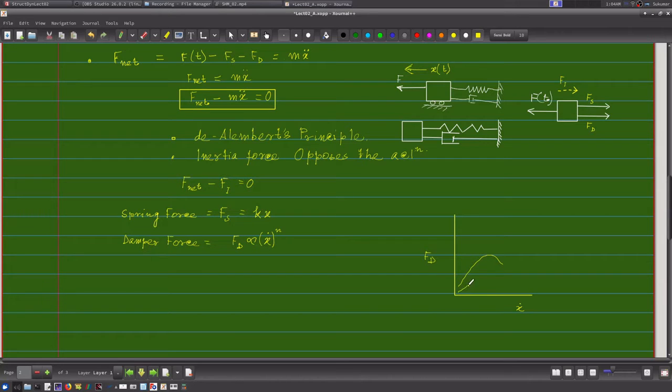For structural dynamic purposes what we find is that the damper force is usually linearly proportional to the velocity, and when this is so we call it viscous damping.